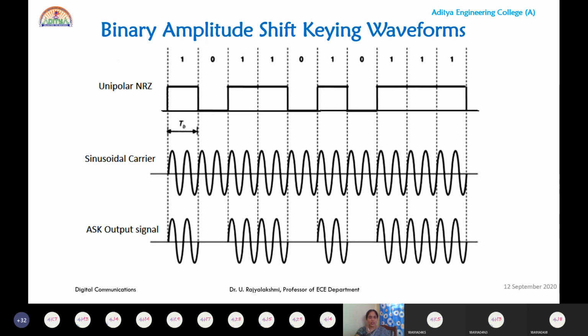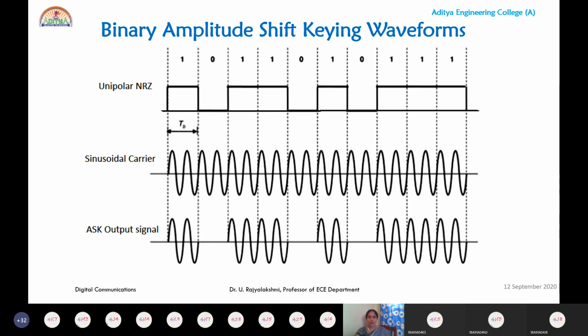Now, if you observe the ASK signal, for the data bit 1, the same carrier will be represented at the output. For the data bit 0, we have 0 magnitude. And similarly, for the next two data bits 1, 1, we'll have the same magnitude as the carrier.